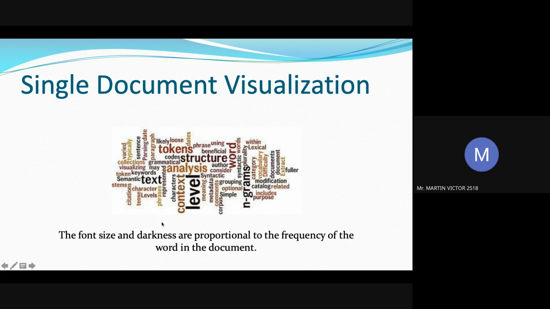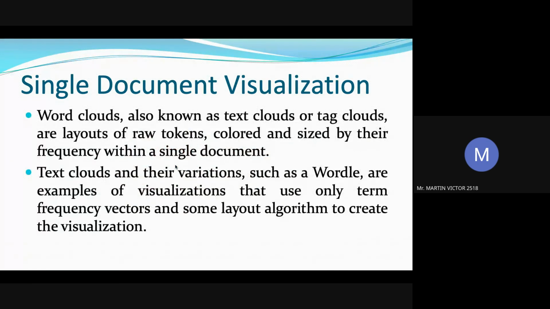The font size and the darkness are proportional to the frequency of the word in the document. We have already experimented with this in our lab, right? This word cloud is an application coming under single document visualization.